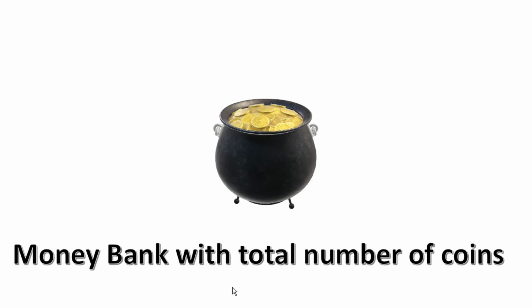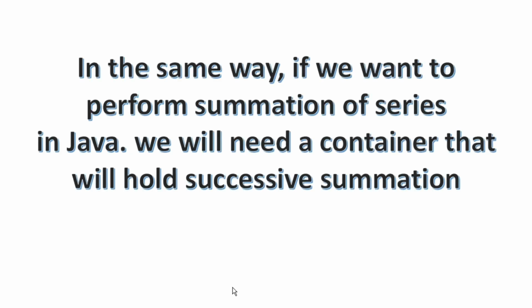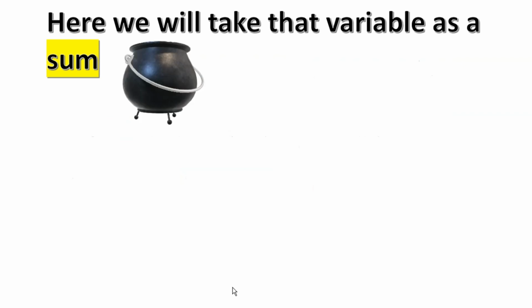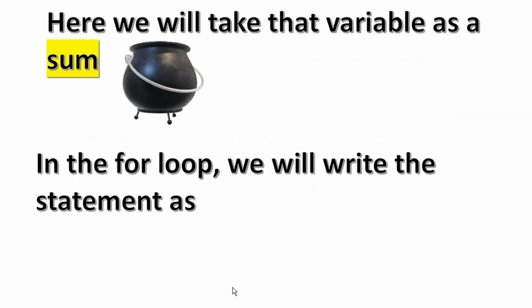Same logic applies to summation of series. If we want to perform summation of series, we will need a container that will hold successive summation. We will label this container as sum, or we can say we will take one variable sum.